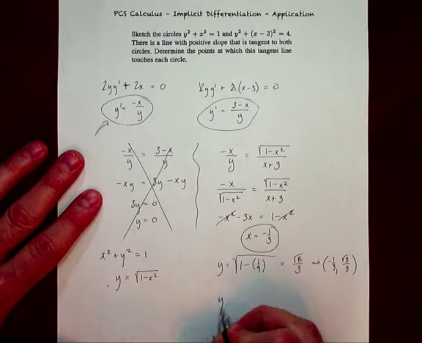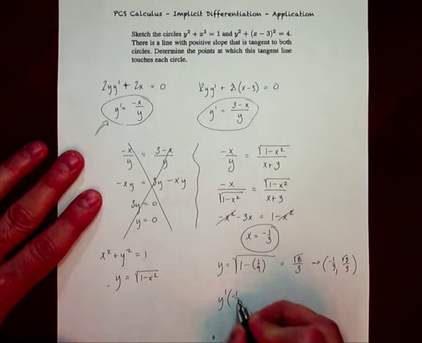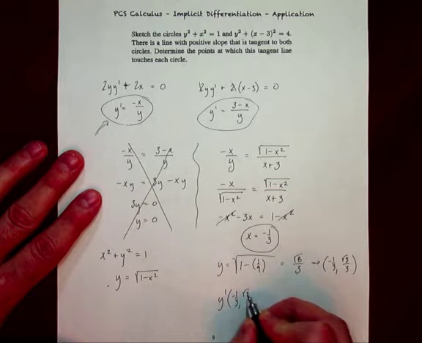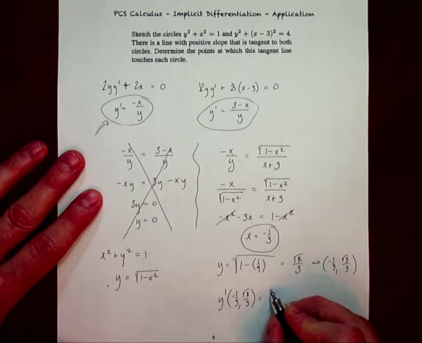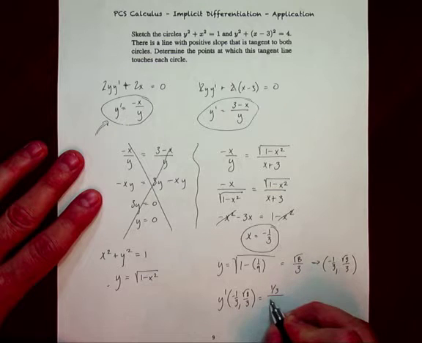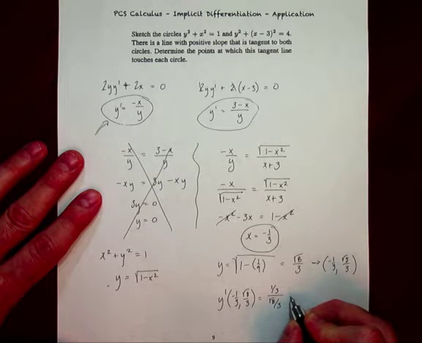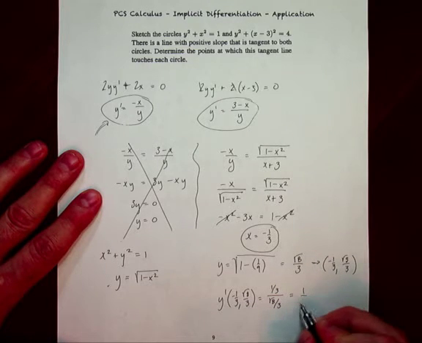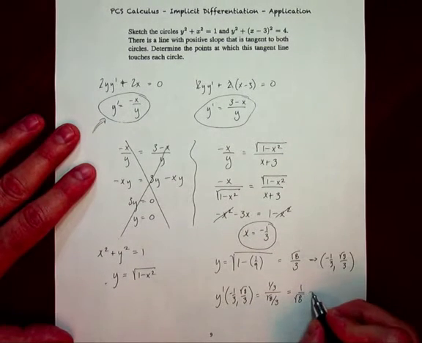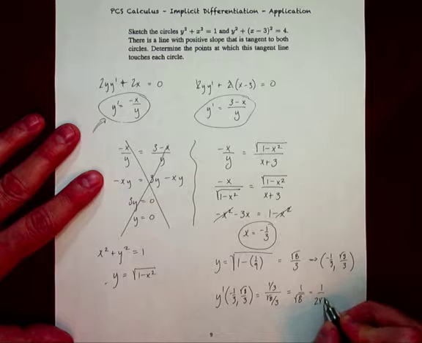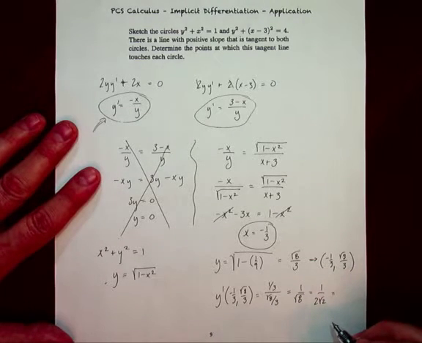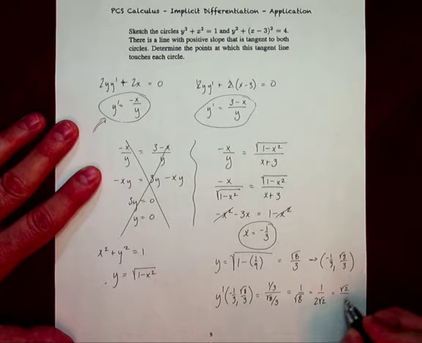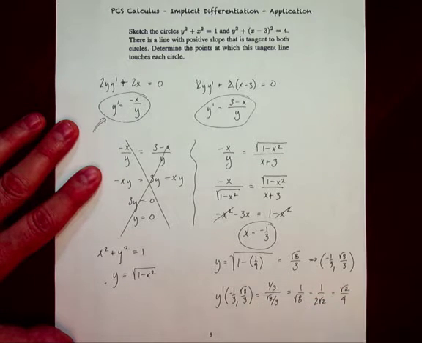So y prime at -1/3, root 8 over 3 is, of course, -x, 1/3, over root 8 over 3, and that is 1 over root 8. Well, that's also 1 over 2 root 2, and if I wanted to rationalize the denominator, that could be root 2 over 4.